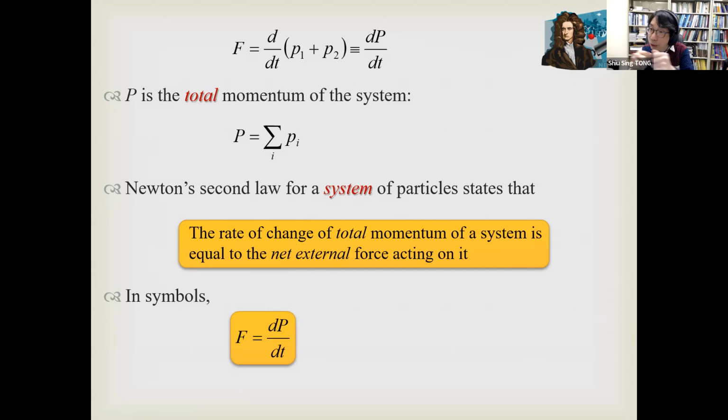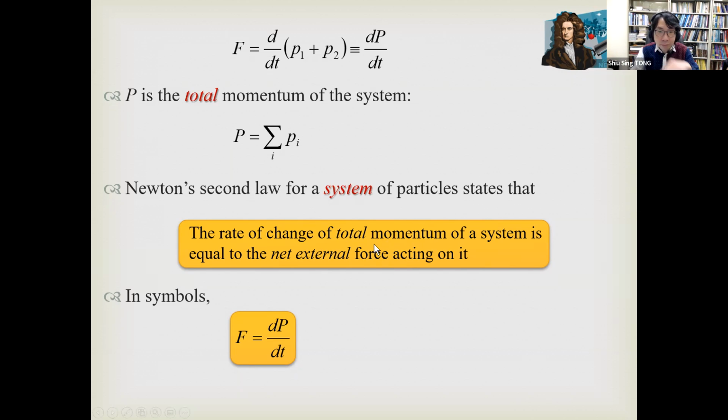So the internal forces just exchange momentum. When one particle exerts an internal force on another, it loses some momentum, but it transfers that momentum to the other particle. So if you look at the system as a whole, the momentum will not be affected by those internal forces. Only the external force matters. And that is exactly reflected in this equation. Only external force will change the total momentum of the system.